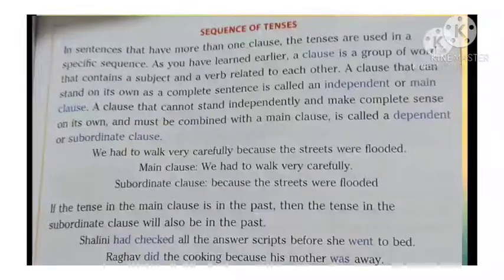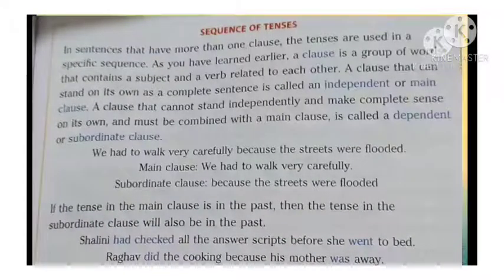Till that it is a main clause, because that particular group of words can stand alone. Before she went to bed: went. The word went is the other past form, the word that shows past tense. So as we have made use of past tense in the main clause, in the subordinate clause also we have to make use of the past tense.